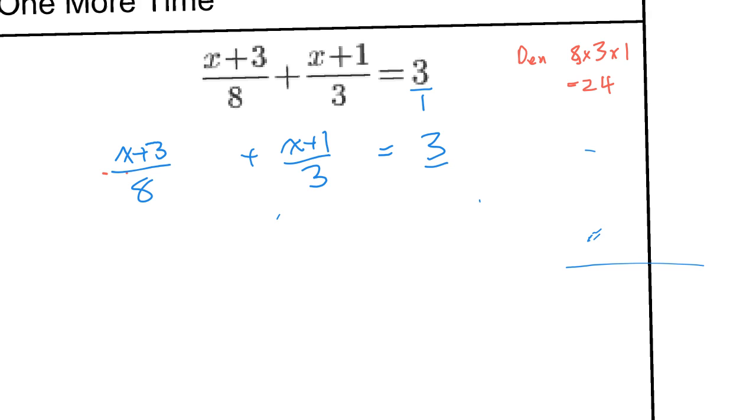It doesn't matter. You could write it as 3 or 3 over 1, because in the end, all we're going to have is just straight numbers and no fractions. So here is what we're going to do. We're going to multiply every top number by 24.